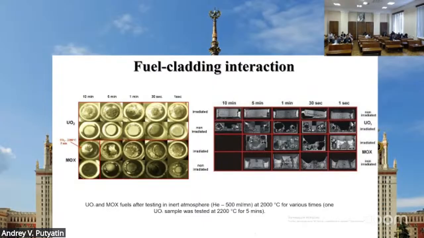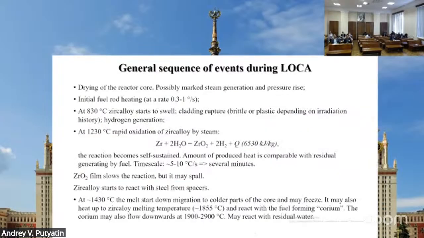What is going on during loss-of-coolant accidents in a general sense? First, you start to dry the reactor core, and you may have very important steam generation. Of course, when you generate a lot of steam in a closed confinement, you can have a very strong pressure rise.